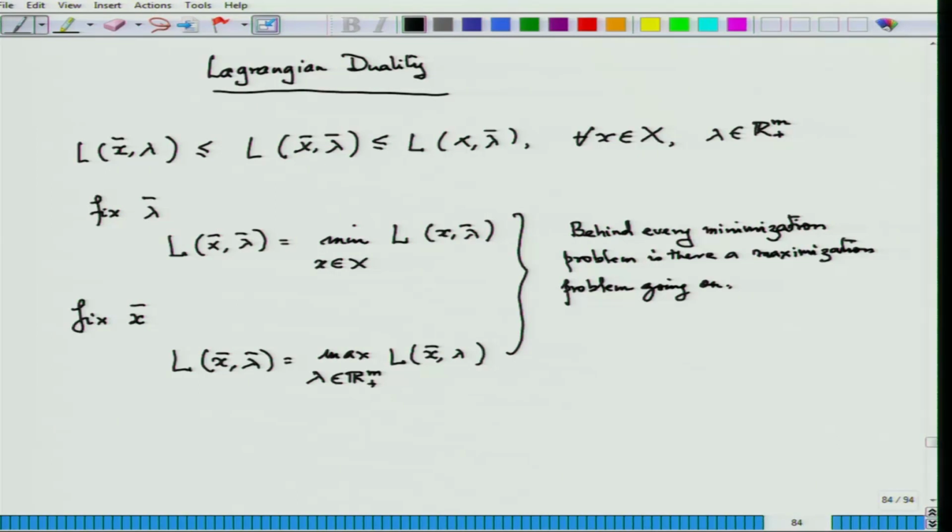That is the question. Now, what is the answer to this?